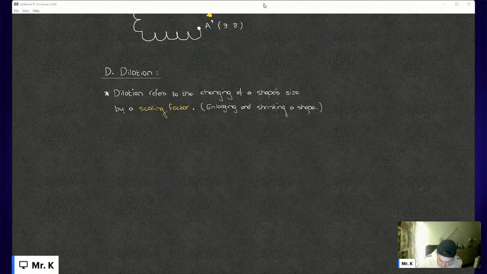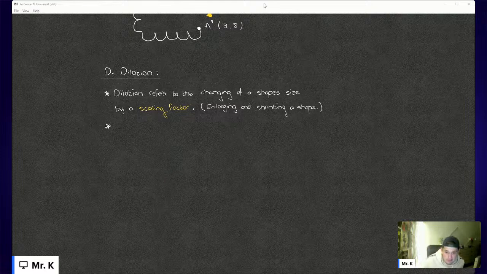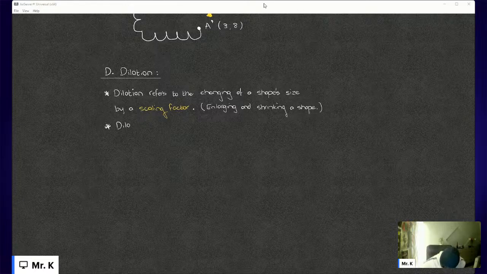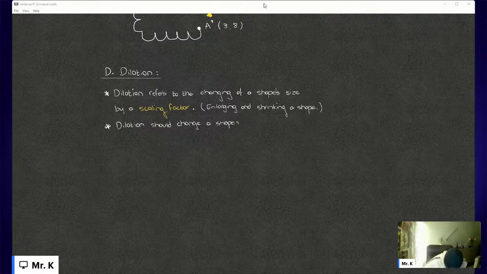Okay. Now, again, what are those parameters that we need to keep in mind when working on dilation? Dilation should change a shape's size, but it may not impact the direction or position of a shape.